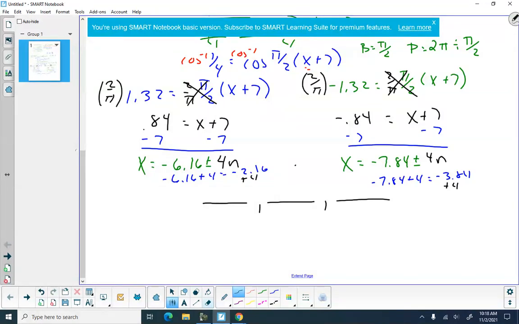That will give me a positive 0.16. This will give me 1.84. And then to go from 1 to 3, I play leapfrog. I add the period, 4.16.